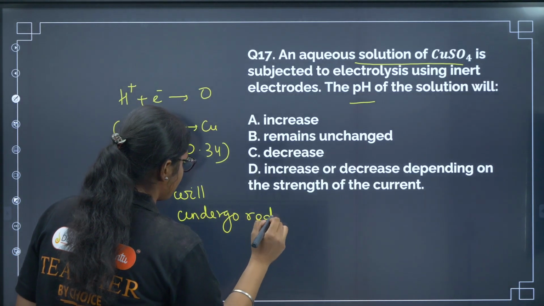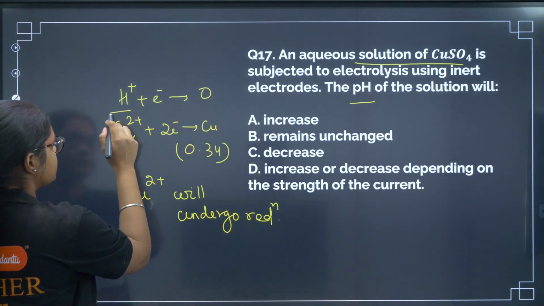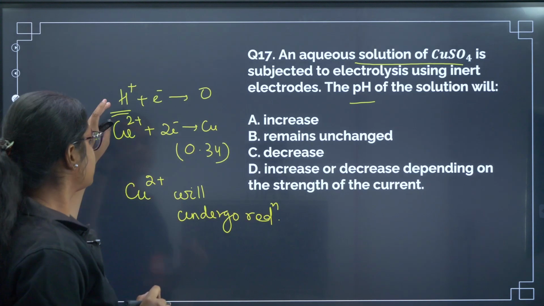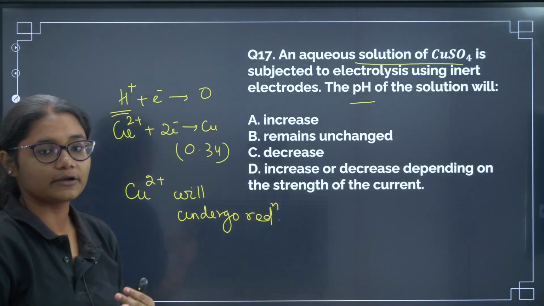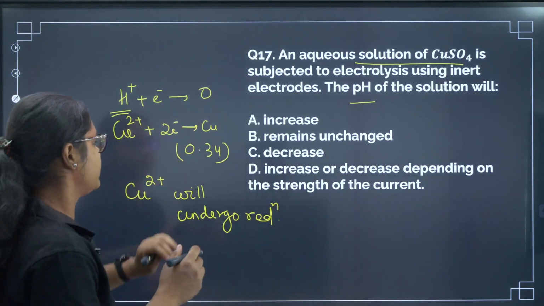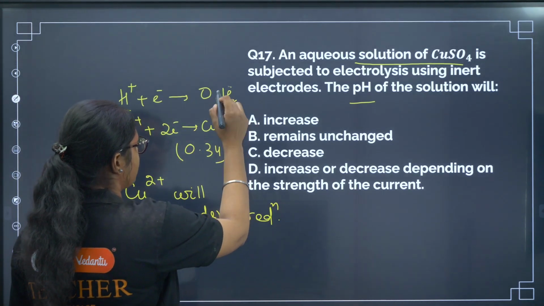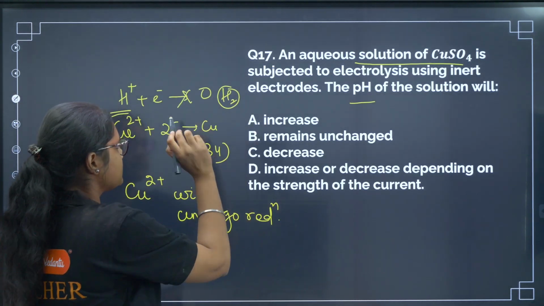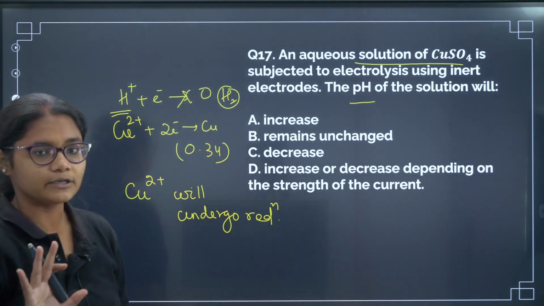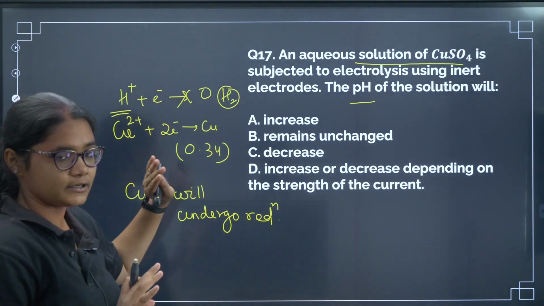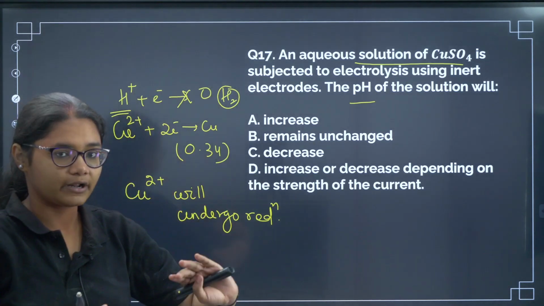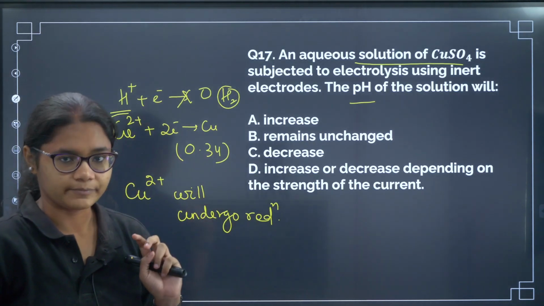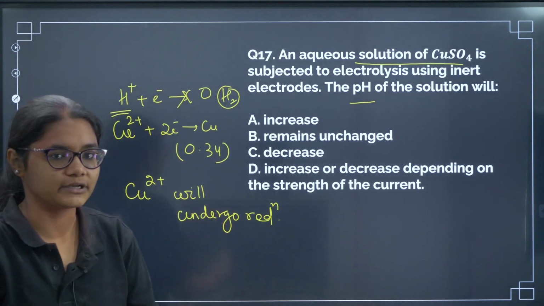Then in the solution what will be there? In the solution H plus will be there, right? H plus could undergo reduction to produce H2, but that reaction is not happening. H plus will remain in the solution and it will not undergo reduction as long as copper 2 plus is there, because copper 2 plus reduction potential is more.